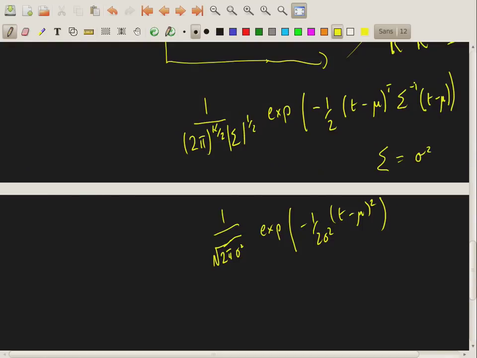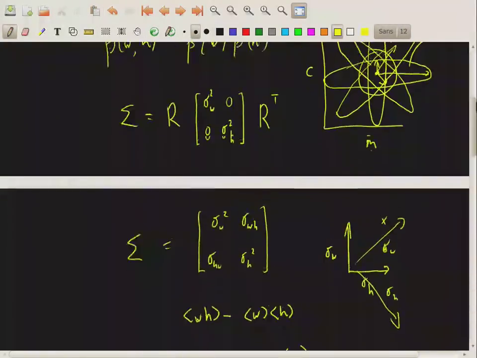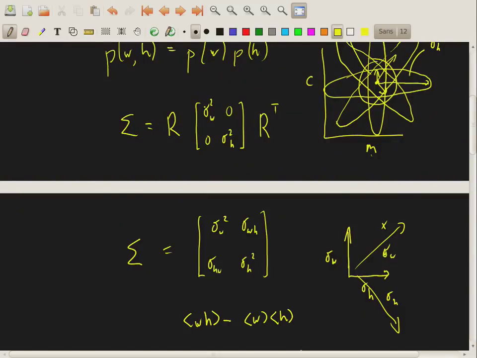In that case, these lines here are the determinant. The determinant is actually the product of what we call eigenvalues. The eigendecomposition of a positive definite matrix is of that form.